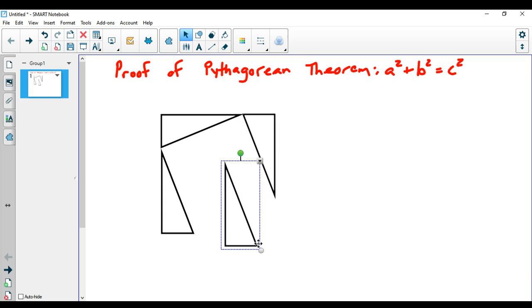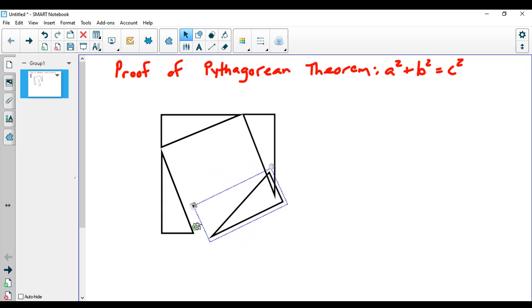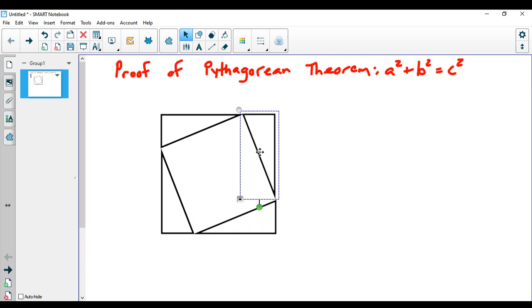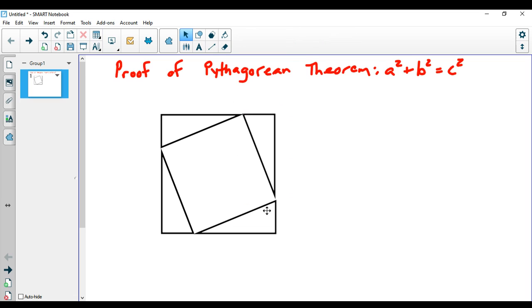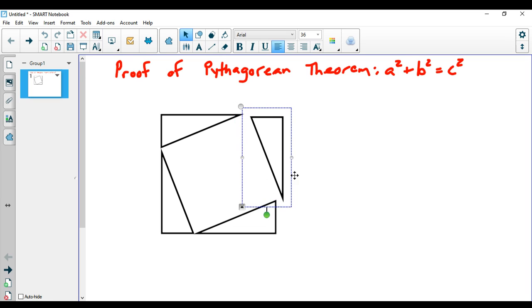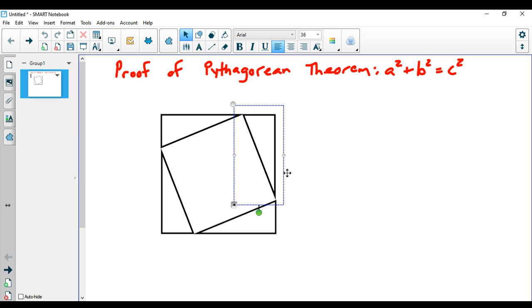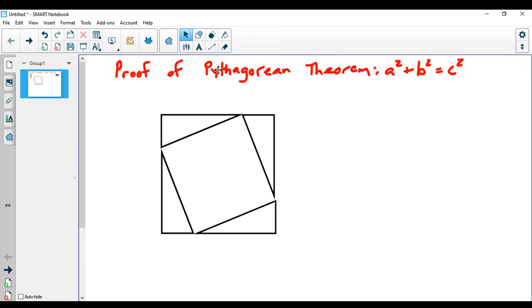I don't have to get it perfect, but I want to get it looking pretty nice. There we go. Good enough. We'll be able to get the idea.